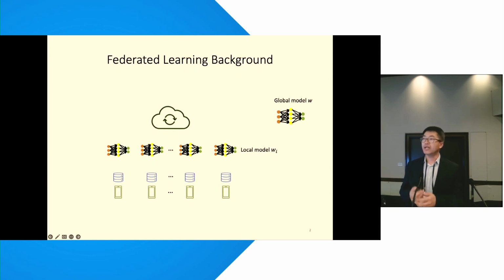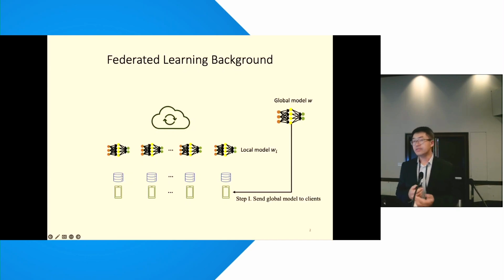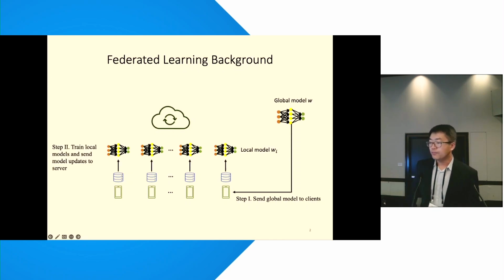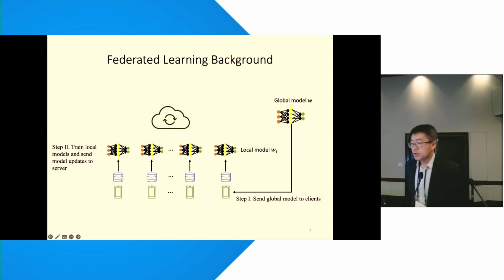In each training round, federated learning performs the following 3 steps. In step 1, the server sends the current global model to the clients, or a subset of them. In step 2, the clients train their local models based on the current global model and their local training data, and then send their local model updates to the server.